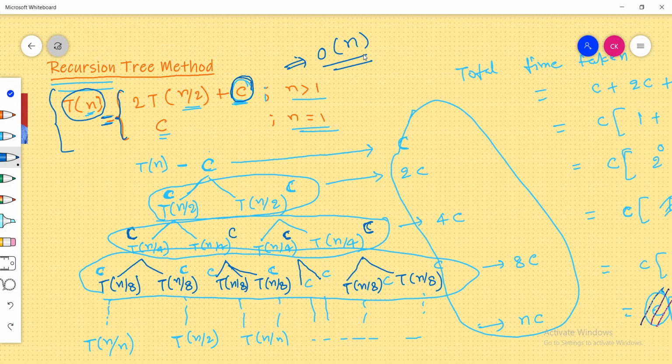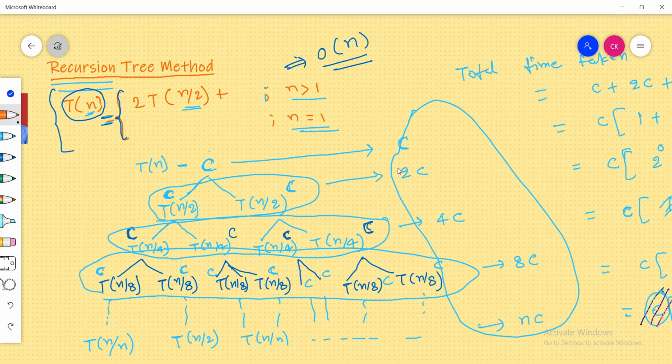I hope you got the point. And actually we will not use this very much. We will use generally back substitution technique and then master theorem. But for the sake of simplicity, or for sake of knowledge, you please try to solve this recurrence relation. I'm rewriting it.